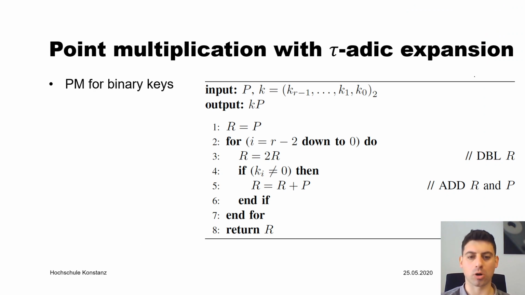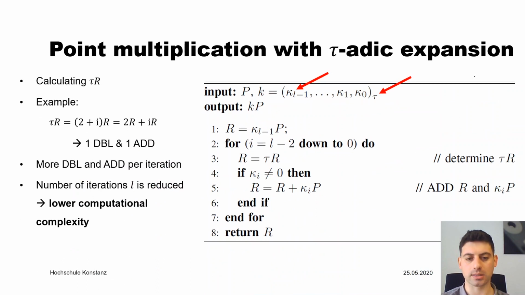This was the point multiplication algorithm for binary keys, and this is the point multiplication algorithm with the tau-adic expansion of the key. As we see, we have L expansions, which also define the number of iterations of the algorithm. The product tau r is a point multiplication.